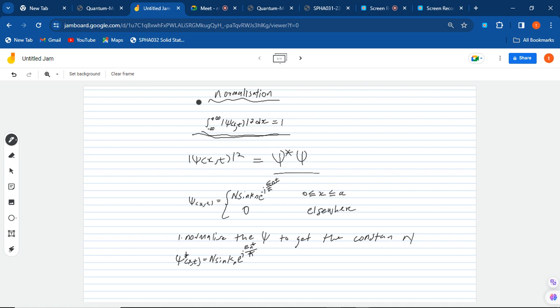Because we have the wave function star, or the complex conjugate of the wave function, we can now get this.